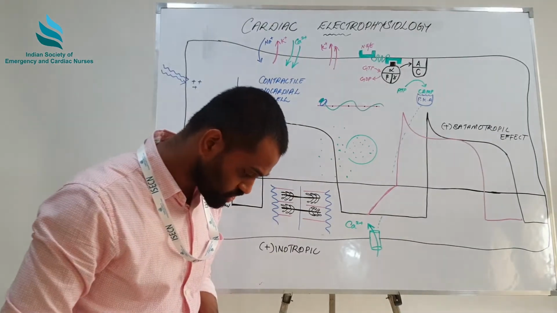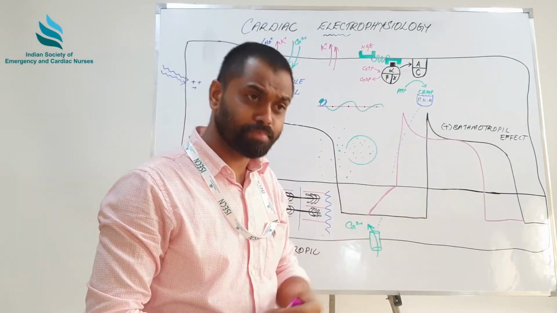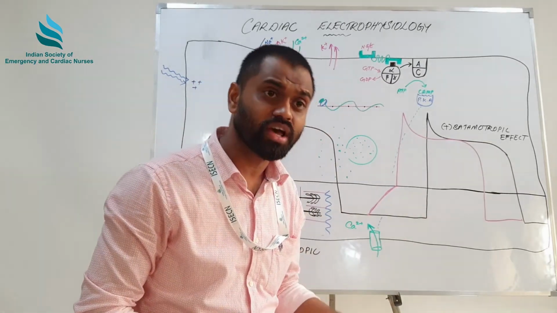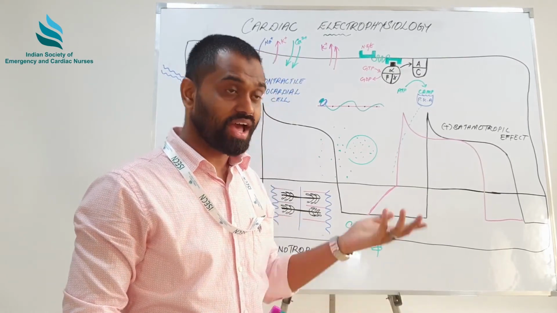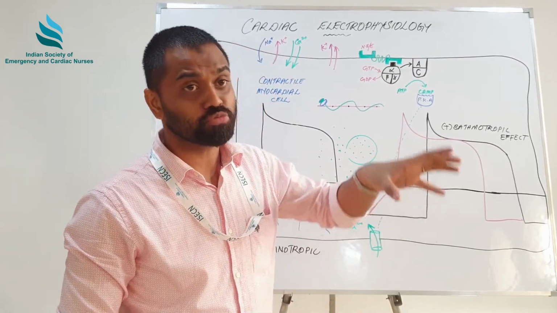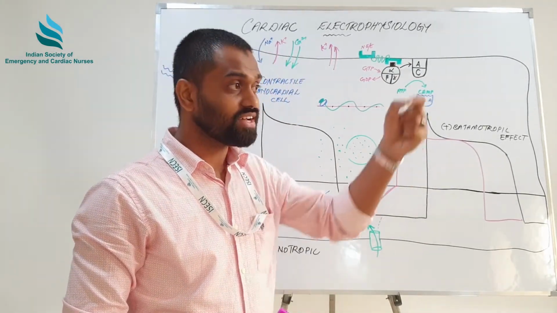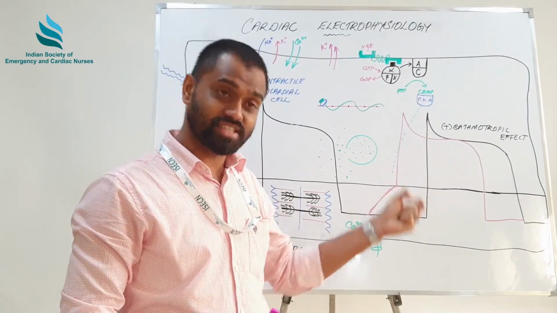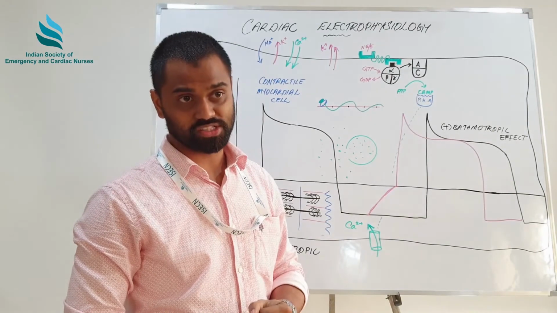And in contrast, in specialized cell, under the influence of sympathetic activity, we have increased automaticity in SA node and also increased conductivity in AV node. And under the influence of M2 muscarinic receptors parasympathetic signal pathway, we have decreased automaticity or decreased heart rate in the SA nodal cells, and we have decreased conductivity in the AV nodal cell.